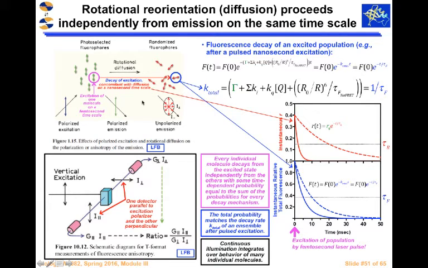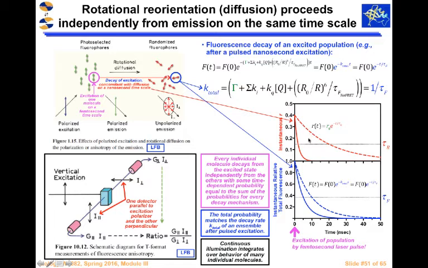There is somewhat of an exception to that with FRET, but still, in terms of looking at the rotational reorientation of a population, we can ignore even that. So to a first approximation, and a good approximation, the rate of rotational reorientation is not influenced by the rate of fluorescent decay. As we manipulate, let's say, the quenching processes, the fluorescence decay and the fluorescence lifetime will shift around independently from the rotational reorientation rate.